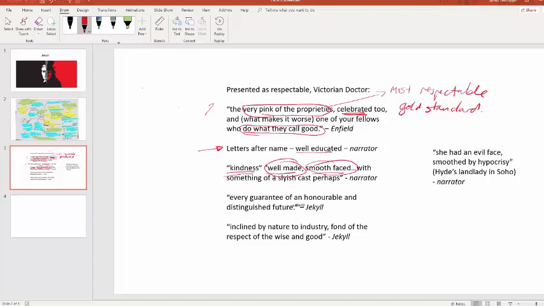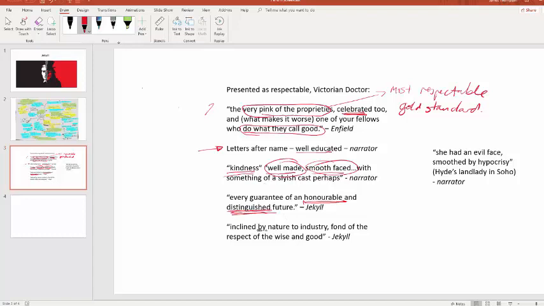Now, Jekyll himself says in the last chapter that he had this wonderful upbringing, and he had every guarantee of an honourable and distinguished future. So that's what he wanted. That's what the Victorians were after. The middle classes wanted to be seen as honourable, and distinguished means, I don't know, successful, I suppose.